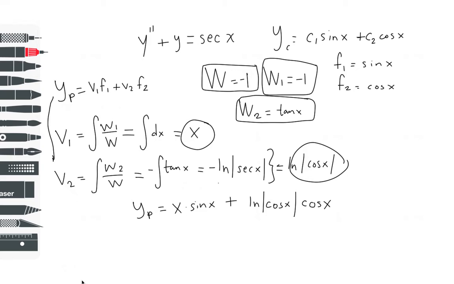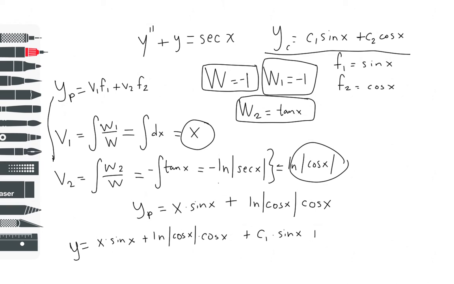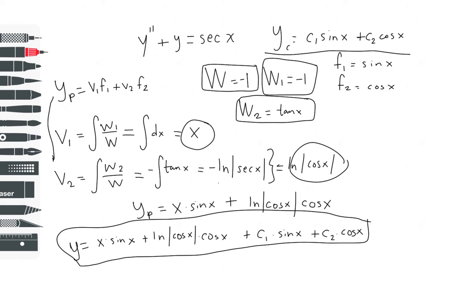Finally, the entire solution, as we said, is equal to y sub p plus y sub c, and that right here is our y sub c. So we combine everything together into one general solution: x sine of x plus ln cosine x times cosine x, that's the y sub p part, plus c1 times sine of x plus c2 times cosine of x. And that entirely would be your general solution. And that's it.